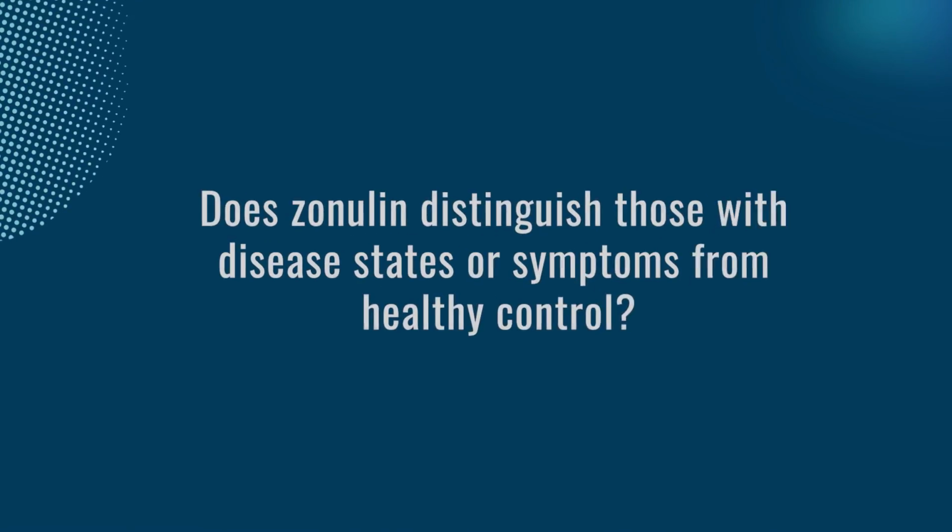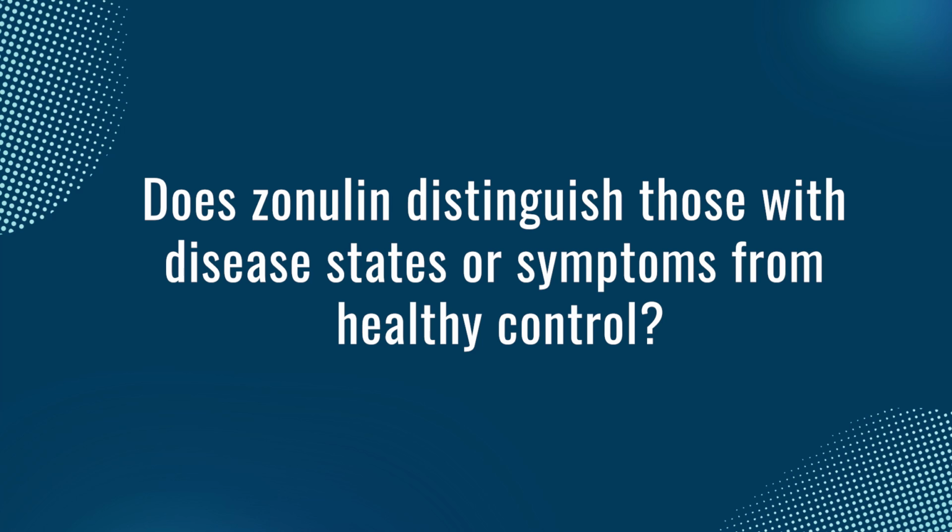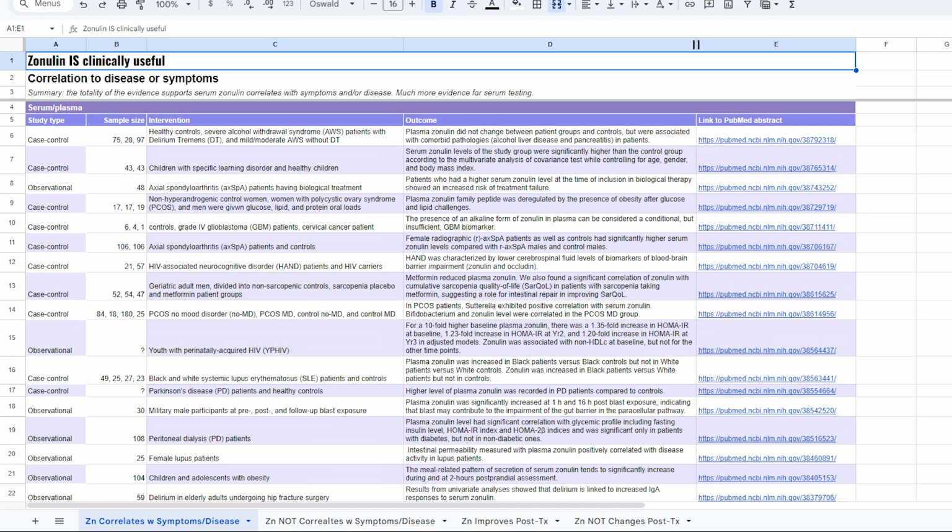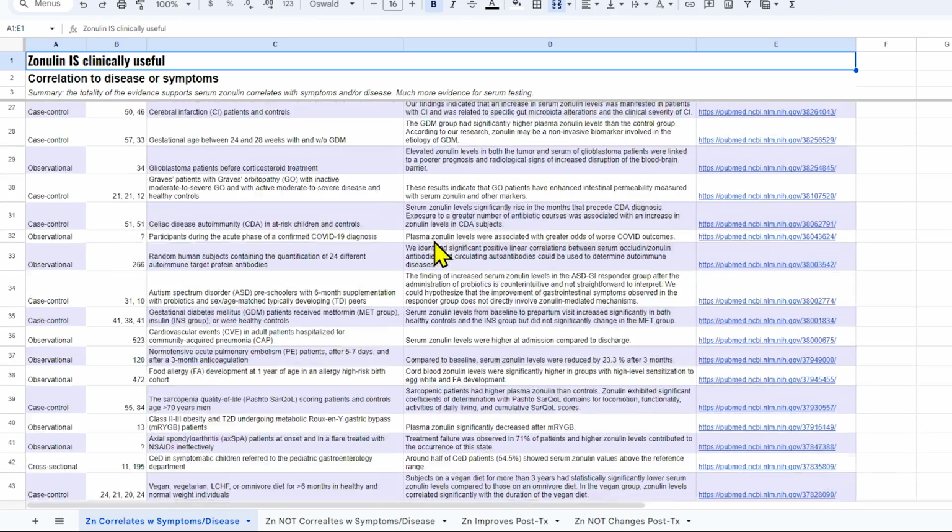It begs a question though, is this an accurate test? Does it meet our criteria for saying this test is something that's useful? Partially. Does zonulin distinguish those with disease states or symptoms from healthy control? And for the most part, yes. Now, I'm not trying to give you sort of a non-committal answer here, but look at this. This is our data table, and this is a little bit involved, but just to impress upon you the breadth of research that's been published here.